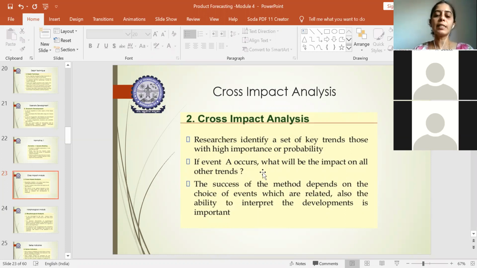And finally, the success of the method depends on the choice of the events you are relating. That particular event should be related to a particular key trend. If you map it to a wrong key trend, then identifying its impact will be difficult. But if you map properly, you can identify the success rate of that key trend with respect to the existing product. This is nothing but the impact analysis for the particular product, which you are verifying with respect to the different key factors.